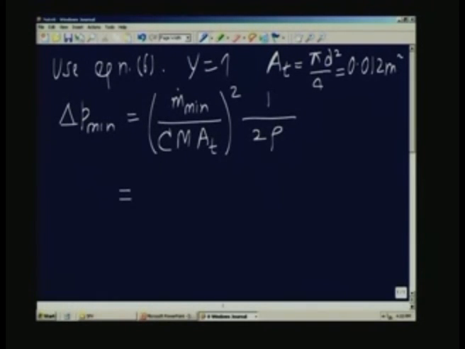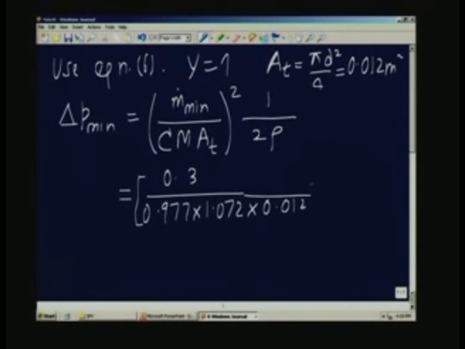So this will be 0.3 divided by C, which is 0.977, times 1.072 into 0.012, whole squared, times 1 over 2 into 5.844, that is the density, and this will be in so many pascals, and the value comes out to be 47.4 pascals.